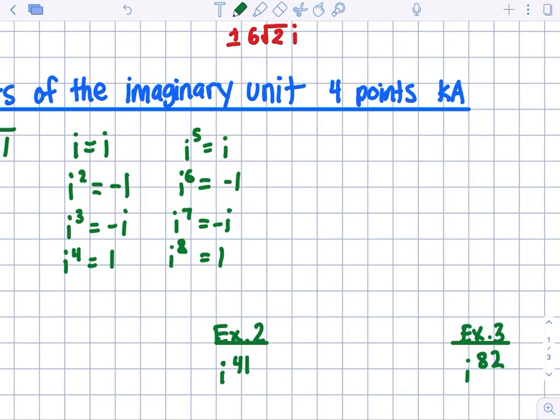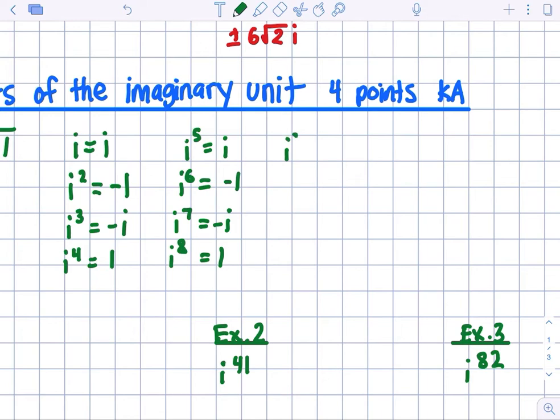Just know that anytime you do any i to the fourth, it's always going to equal 1. So with any power of i, we can get the answer, because it's always going to be a cycle of these four: i, -1, -i, and 1.